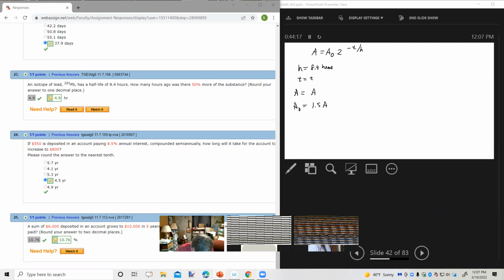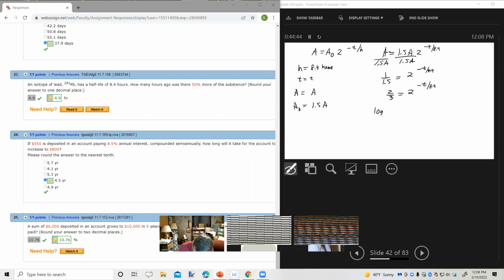Great, okay. A equals 1.5A times 2 to the negative T over 8.4. We'll divide both sides by 1.5A, so we get 1 over 1.5 equals 2 to the negative T over 8.4 power. That's going to be 10/15 or 2/3.